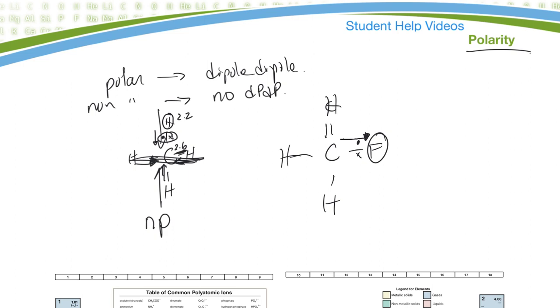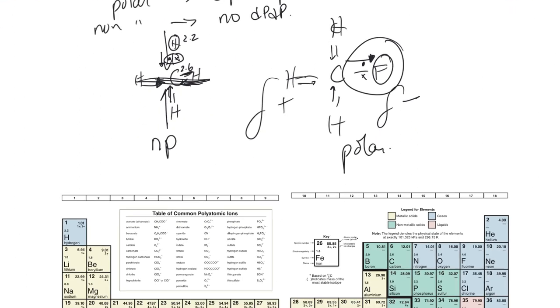Okay, these ones are pulled this way, this way, this way, but this results in imbalance in charge. So this part of the molecule will be partially negative because it has extra electrons. This side will be partially positive. Okay, so this molecule will be polar.